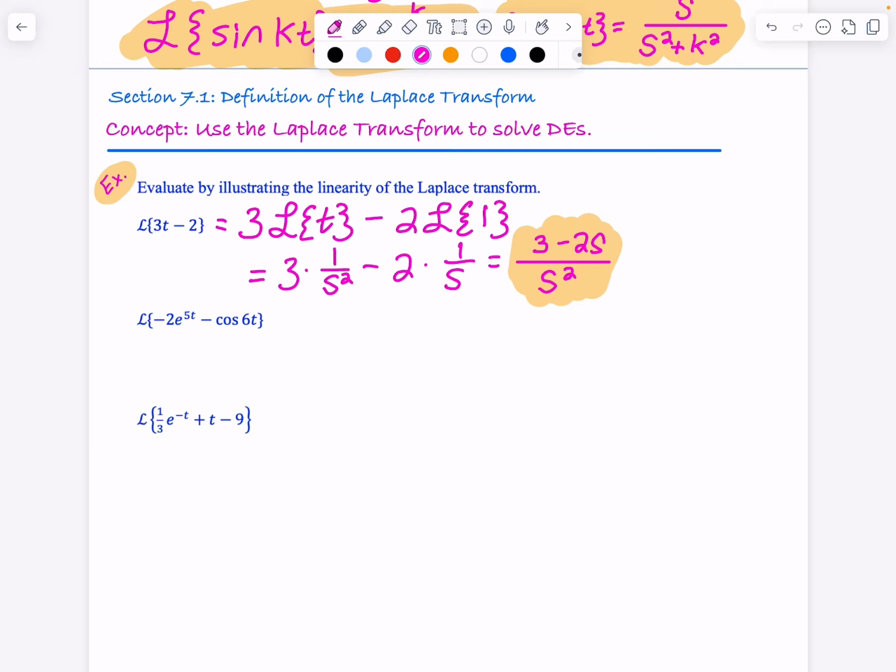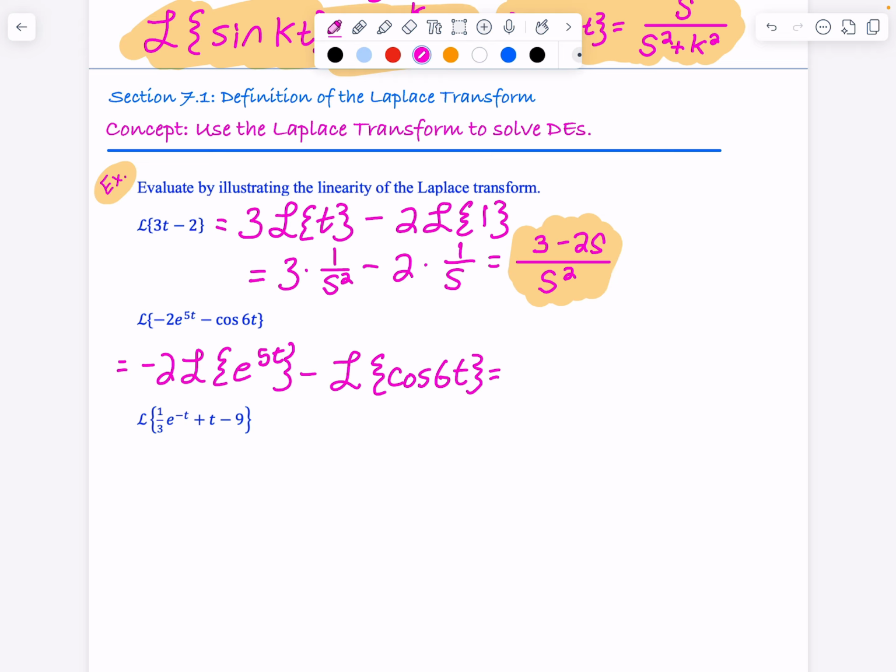All right, so the next one, we can write this as Laplace, take out the negative 2 times the Laplace of e to the 5t, minus the Laplace of cosine 6t. We just have to follow those rules.